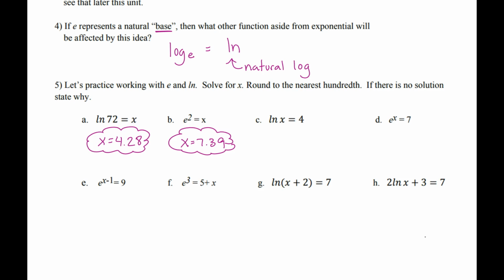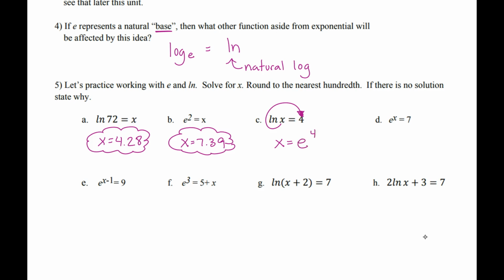Exponential. We make it into exponential. So we do the log roll here. We start with what we're finding the log of, x equals, what's the base on ln? e to the 4th power.